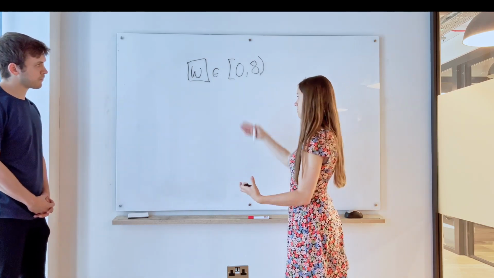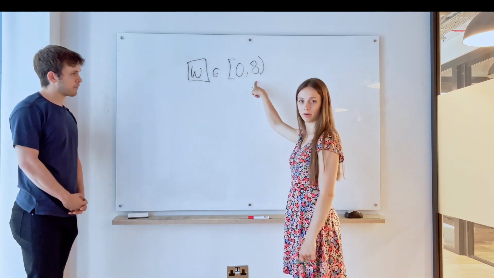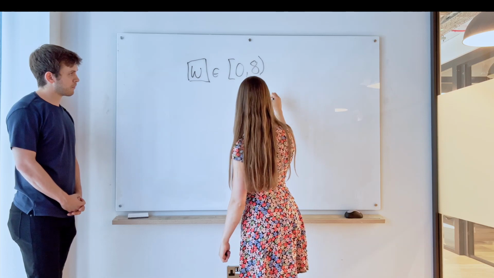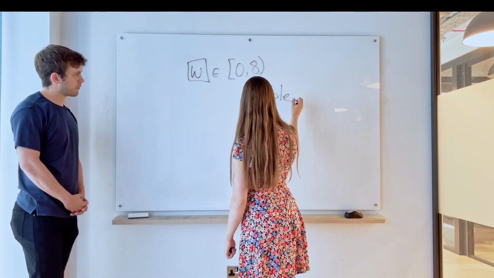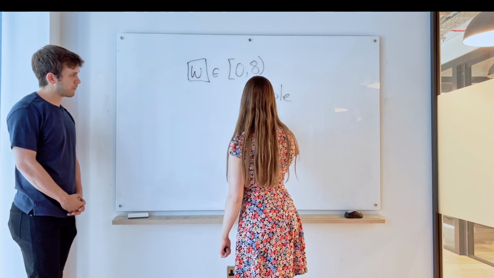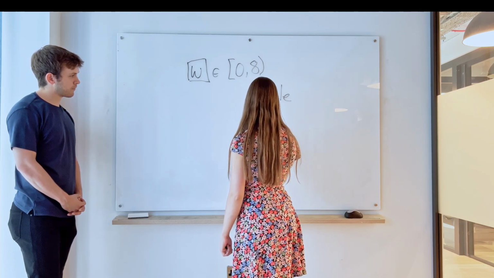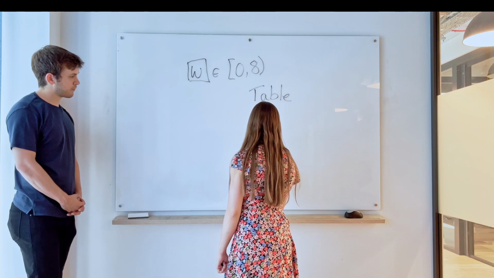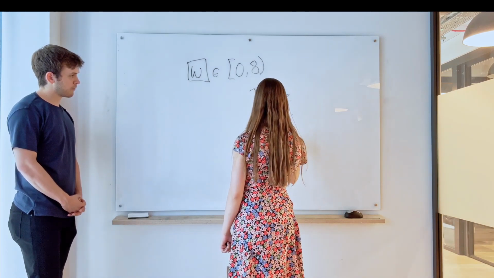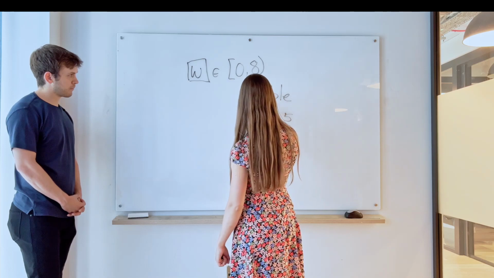We can set up a table with all of the values between 0 and 8. So we generate a table. And in the table, we have 0, 1, 2, 3, 4, 5, 6, 7, a very even table.